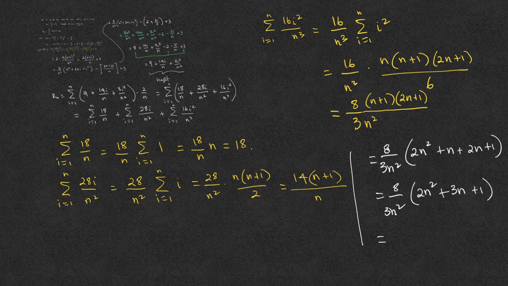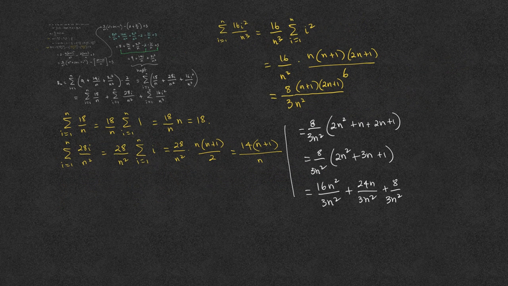Distribute 8 over 3n squared. We have 16n squared over 3n squared plus 24n over 3n squared plus 8 over 3n squared.